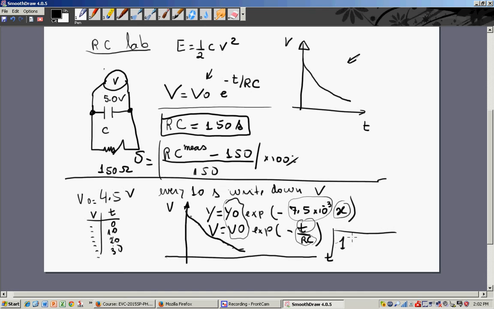Okay, so 1 over RC is whatever number comes in there, and then when you flip this number over, you get another measured value of RC.